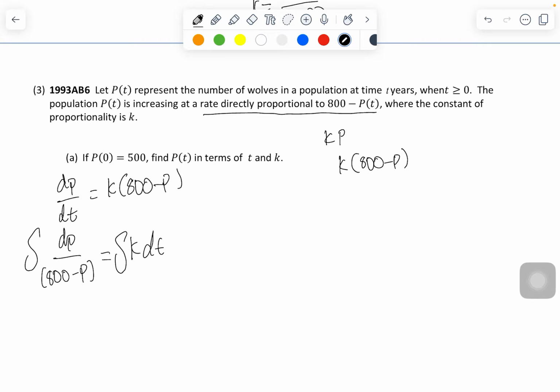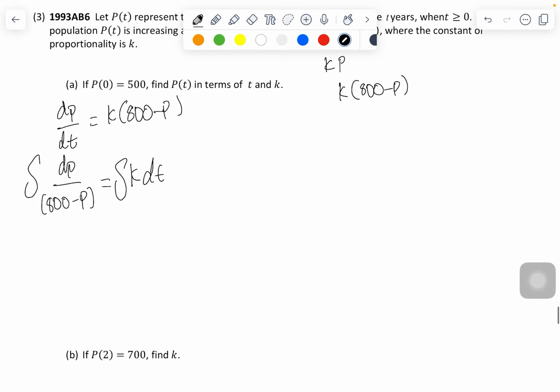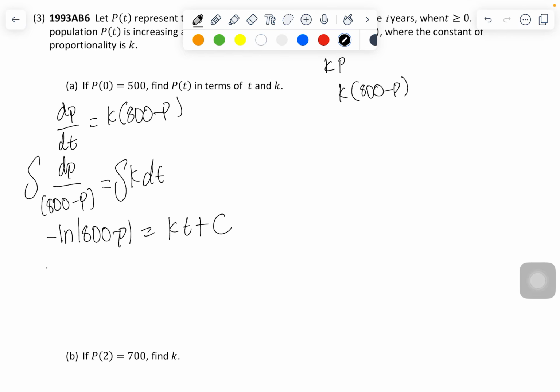If we integrate both sides using u-sub here, we'll get negative ln of the absolute value of 800 minus p equals kt plus c. Now we're going to plug in our initial value, so negative ln of 500, or negative ln of 300 equals c.